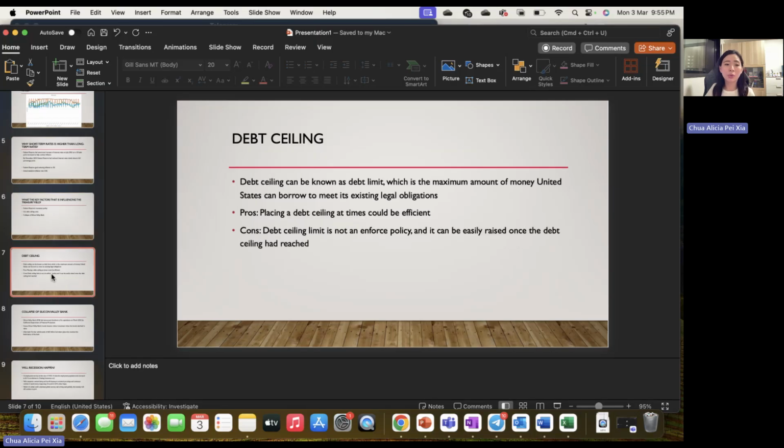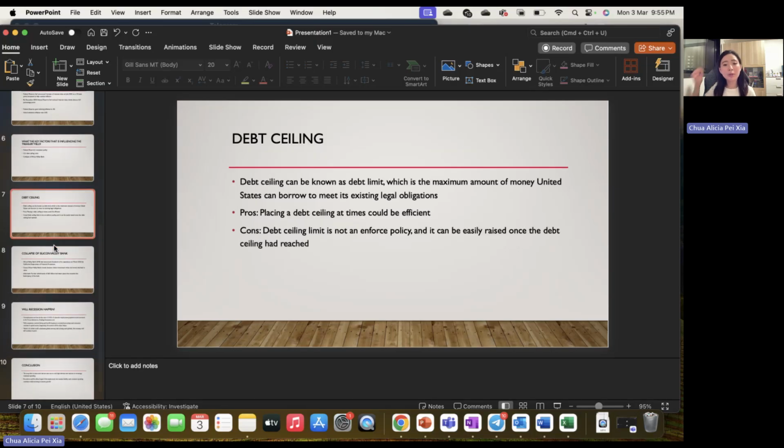Next, the US debt ceiling. The debt ceiling, also known as the debt limit, is the maximum amount of money the United States can borrow to meet its existing legal obligations. So what are the advantages of placing a debt ceiling?